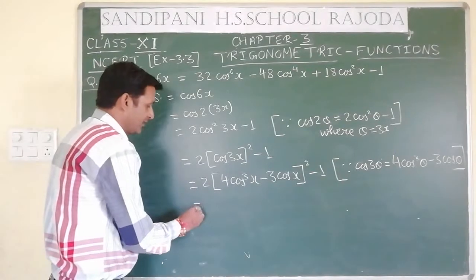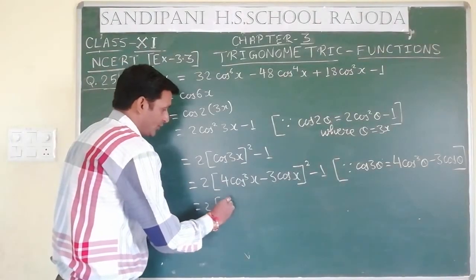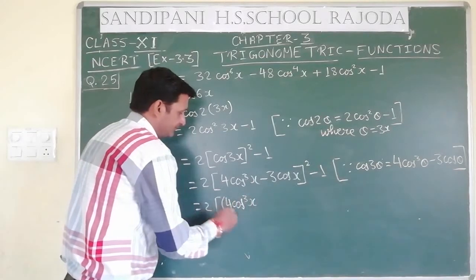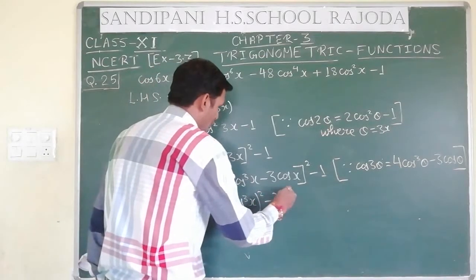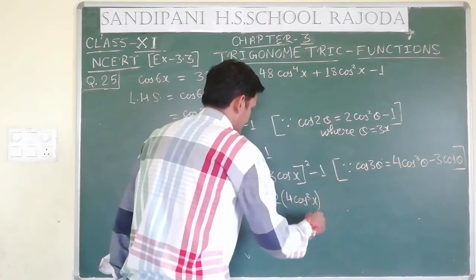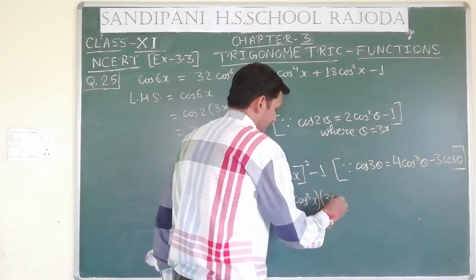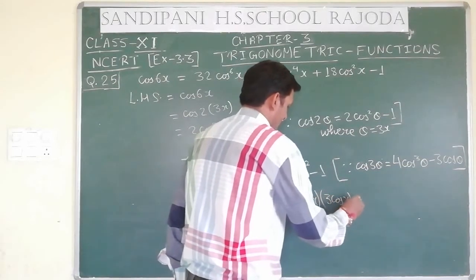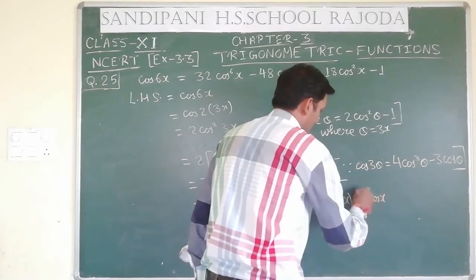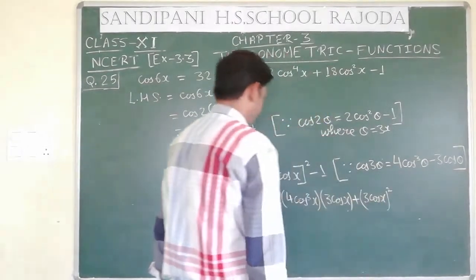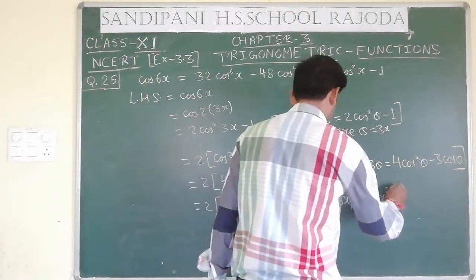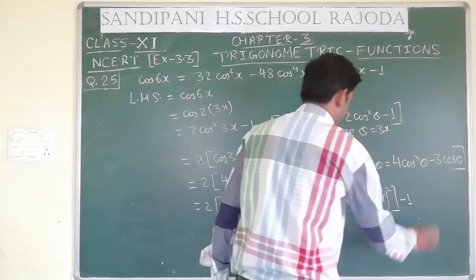That we are applying, so it will be 2 into a square minus 2ab plus b square, means 3 cos x whole square, minus 1.